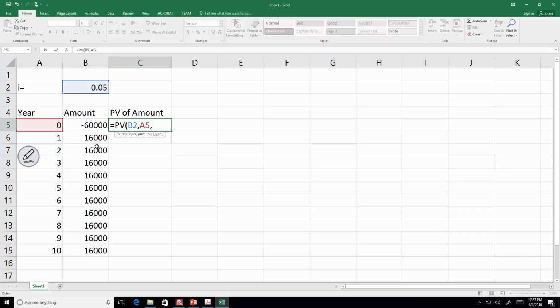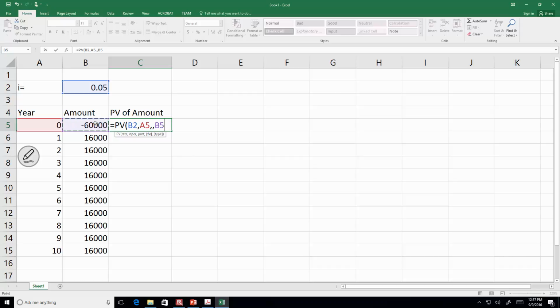So I'm going to put in another comma to skip over that field, and you'll notice that now it's saying what is the future value. And this 60,000 is the future value. It's in year 0, so it's really a present value, but it's okay for us to click that. It's still going to discount it for 0 years because we've clicked on year 0.